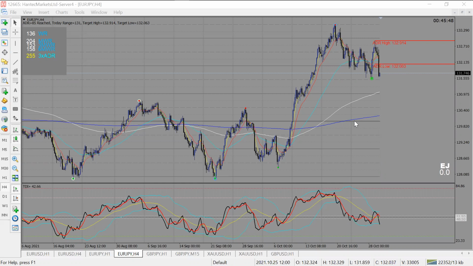So I was telling us that between this line and this line is 100 pips. Why did I know that?